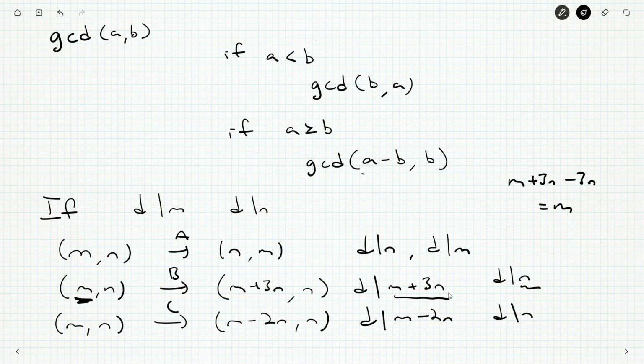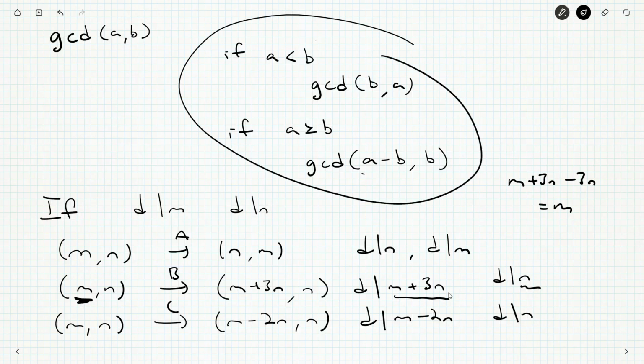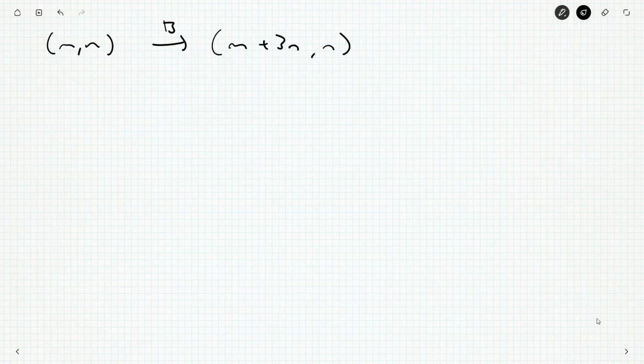Okay? And we can even further, I'm going to stop theorizing for a moment after this, connect it to my previous knowledge of GCD. How do you do GCDs? You need to be able to just swap the two numbers, and you need to be able to take a difference. Okay, well, what could we do? If I start with m, n, and I apply B, I'll get m plus 3n, n.